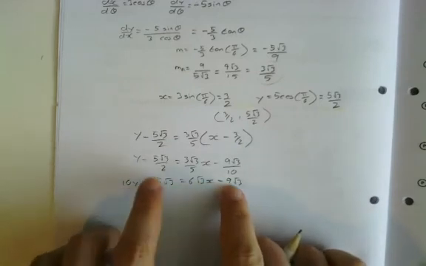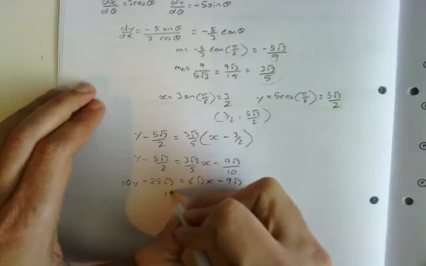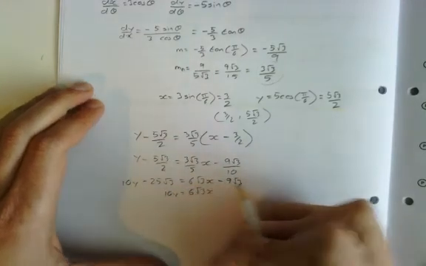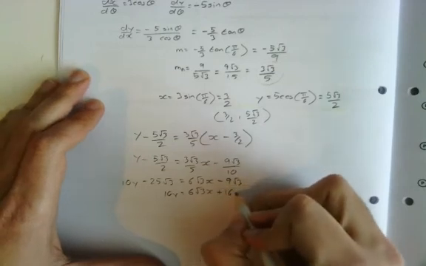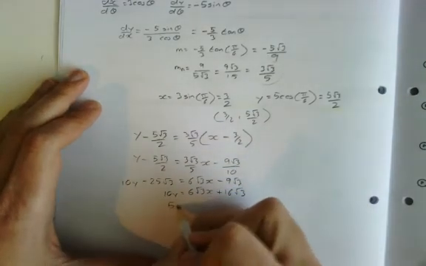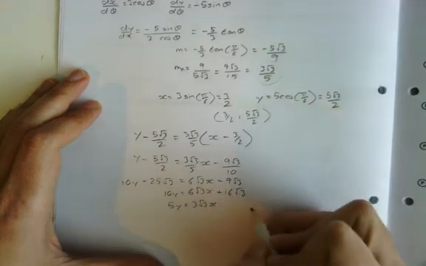Now what I'm going to do is have a little look. There's my y term, there's my x term, so I can group these two things together. So I'm going to bring that minus 25 root 3 over to this side. Minus 9 add 25 will give me plus 16 root 3, and then I can just half all the coefficients.